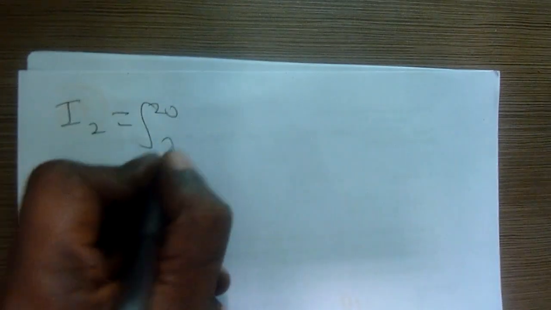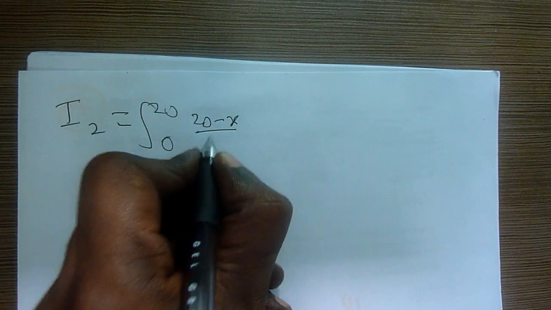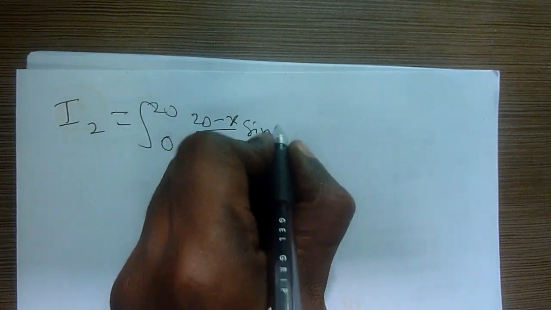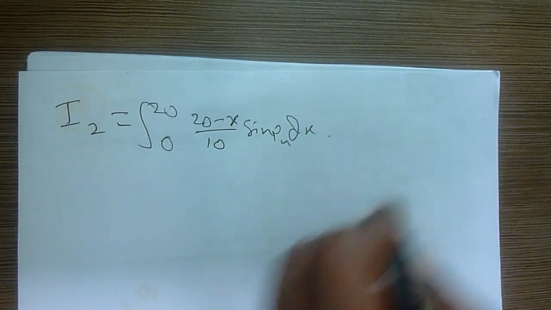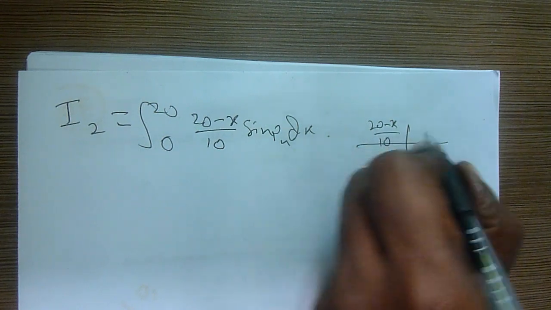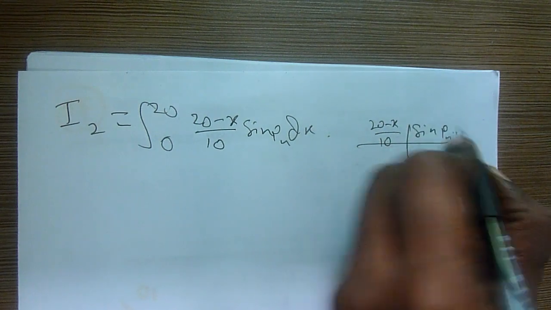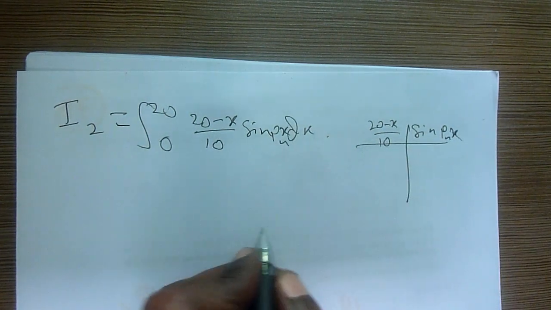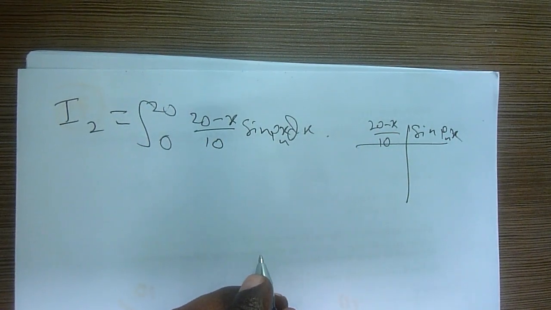For the I2, 20 to the 0, 20 minus x, 10 sine Pn x dx. Again you use this method, 20 to the x, 10 sine Pn x, x missing, Pn is x missing.